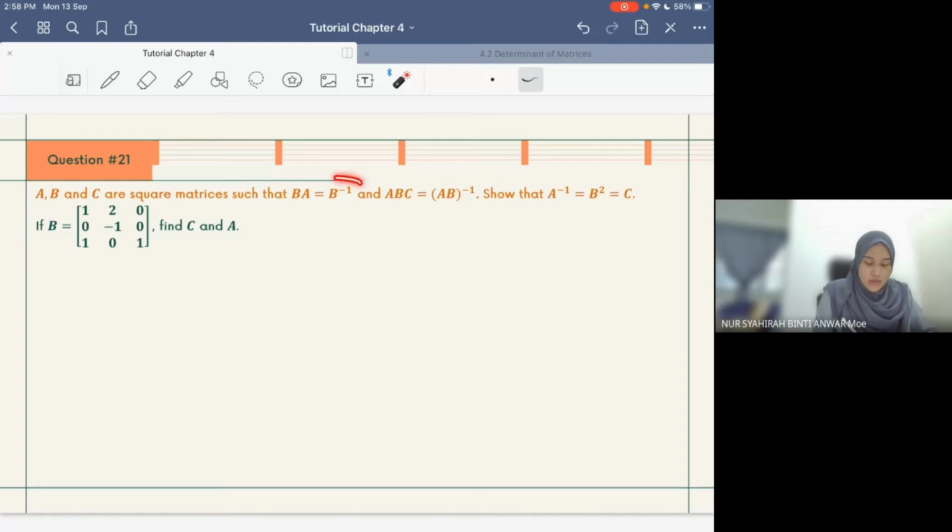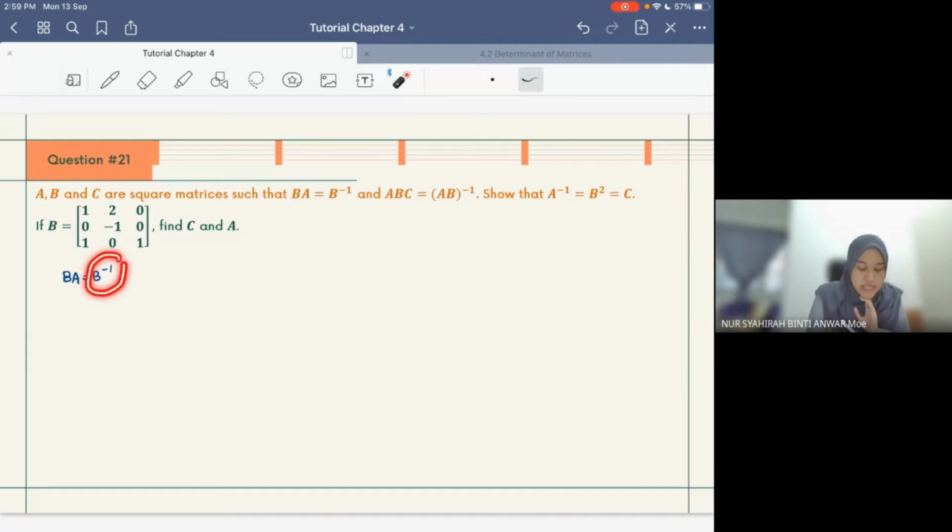So kita gunakan dahulu this statement. Saya ada BA equals to B inverse. Okay, sekejap kita buat tepi sikit. Kita nak cuba jadikan A inverse kan? Okay, so here A inverse sama dengan B square. So kat sini dia tak ada B inverse.